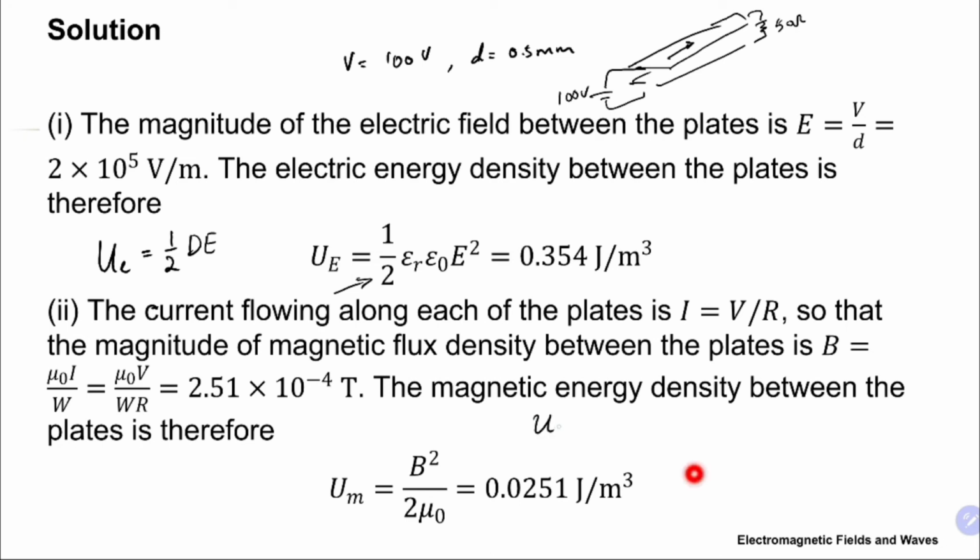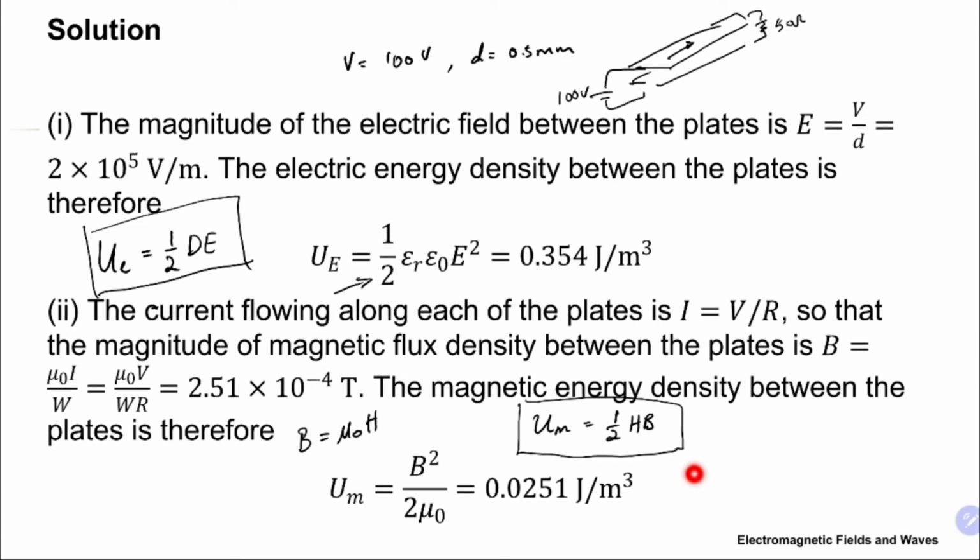Okay, B equals mu naught H. So the magnetic energy density is half H times B, and your electric energy density is half D times E. Okay, you can see the parallel of the two, and therefore you can calculate the magnetic energy of the parallel plate, which is B squared over 2 mu naught, and that gives you 0.0251 joules per meter cube.